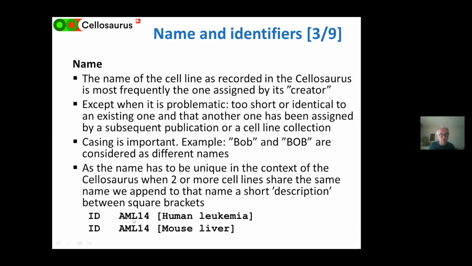So here you have two cell lines called AML14. One is a human leukemia cell line, and the other one is a mouse liver cell line. So when you go to Cellosaurus and you type AML14, you get two results, but you see that one is for the human leukemia and the other one for the mouse liver. So that explains something you may have seen in Cellosaurus, and you may have wondered why you have seen those square brackets.